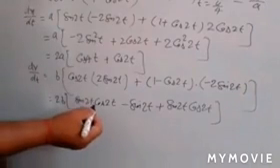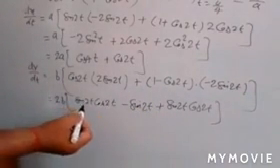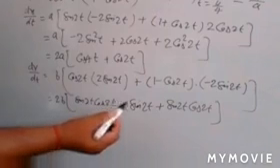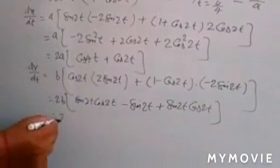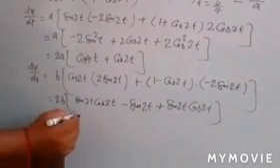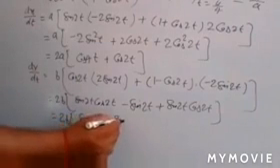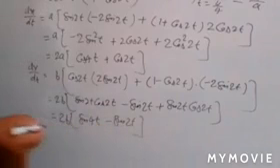Understand? So if you are adding these two, so you have 2 times of sine 2t cos 2t, which is equal to sine 4t. So that is equal to 2b into sine 4t minus sine 2t. You write it this way.